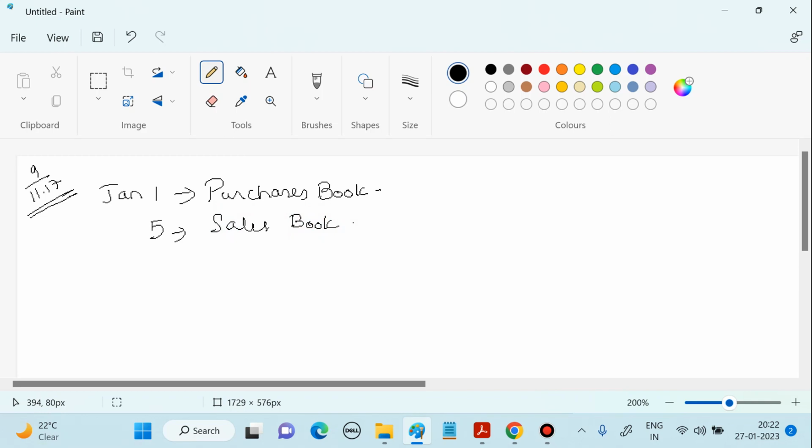Next, January 6th: returned goods to Mahinder of the list price of 5,000. You're returning goods to Mahinder, so it goes in the purchase return book, because you had purchased from Mahinder and are now returning. Good.